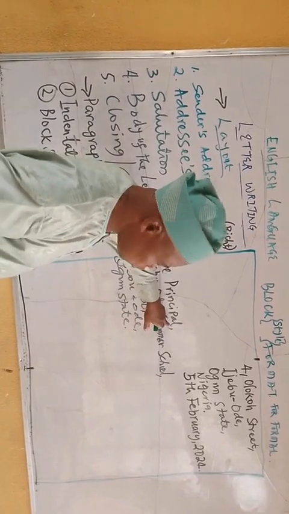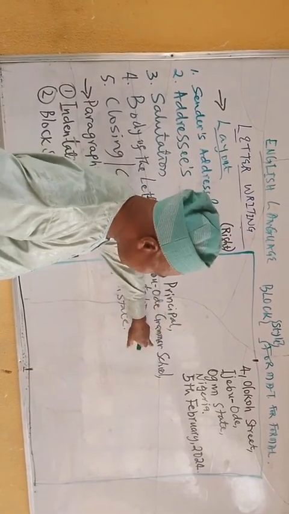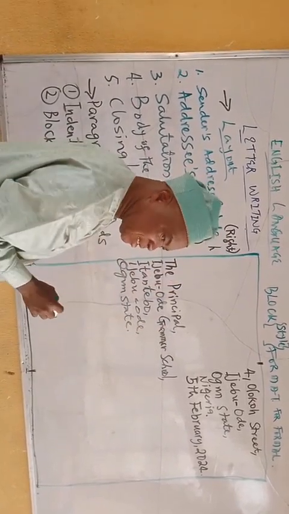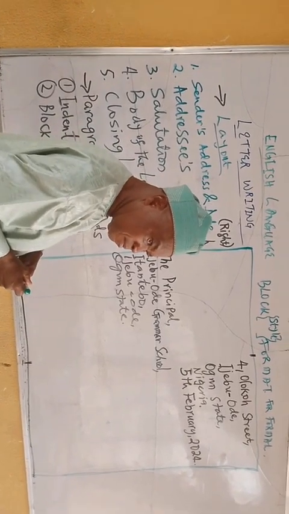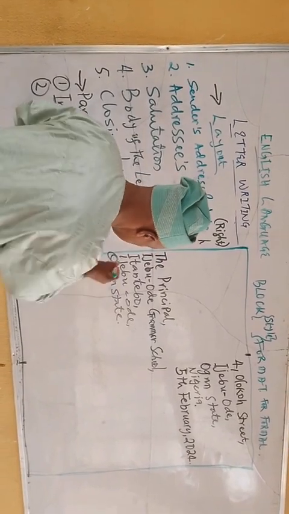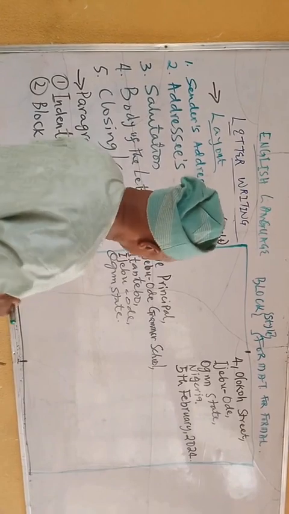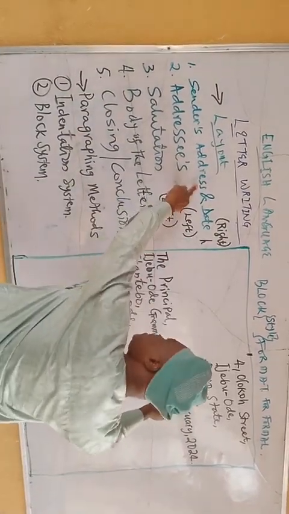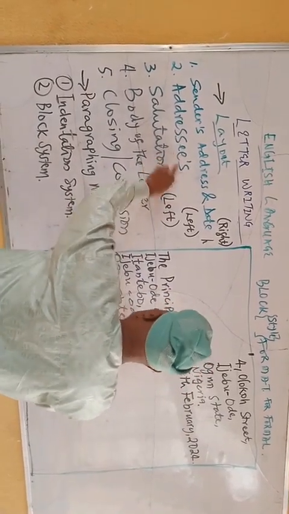Please always follow using the punctuation marks. A comma must follow every item in the addresses that you are giving. You are making a statement, starting with a capital letter and ending with the full stop. So, this is the address and the date. This is the addressee's block.